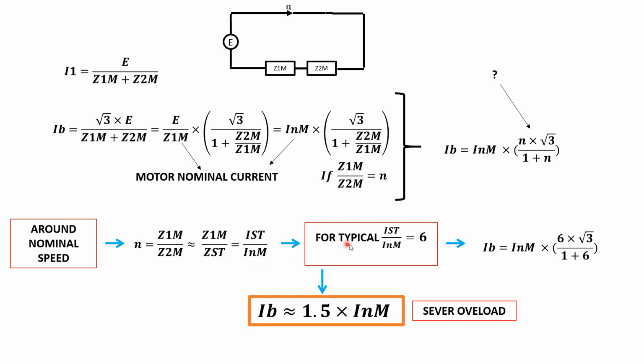So for a typical value of starting to nominal of 6, a starting current of 6 times the nominal current is very typical. Then it means n equals 6. If we put 6 here, then the actual current in the motor is almost 50% overload, which is a severe overload for a motor when it's single phase. That's one of the facts.